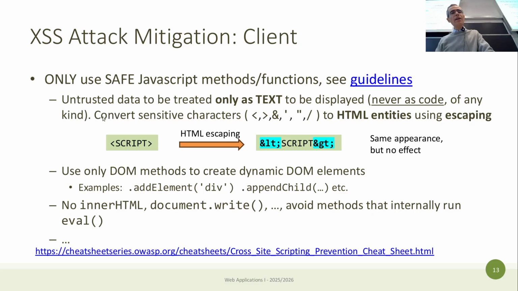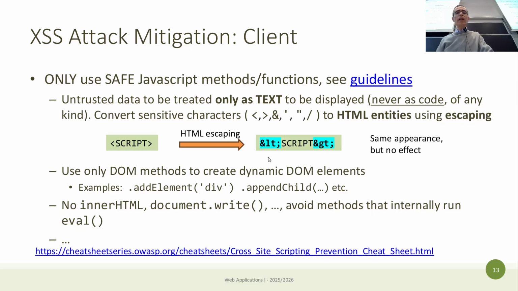And so there is a possibility, and that is this one, to convert sensitive characters, typically the less than and greater than sign, the ampersand, the quotation mark, the slash, convert them to HTML entities using the escaping. So HTML has the possibility to represent characters in different ways. And one way is to use this escaping system that starts with the ampersand, and there is a predefined string or the ASCII code and so on.